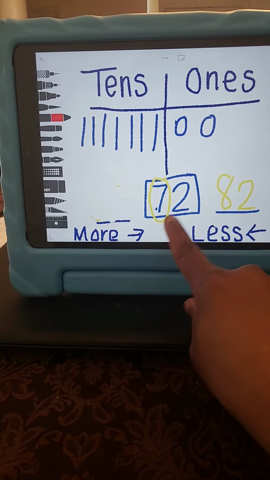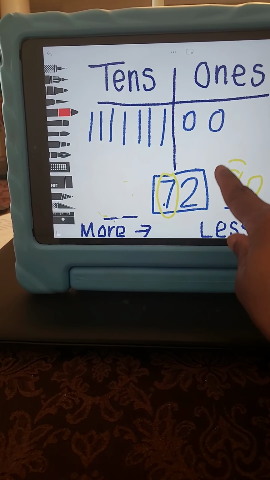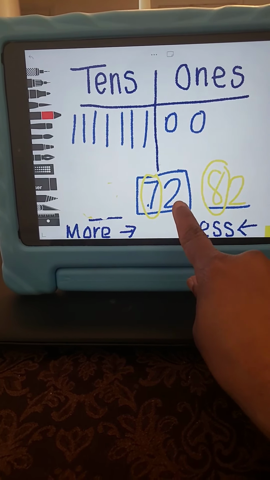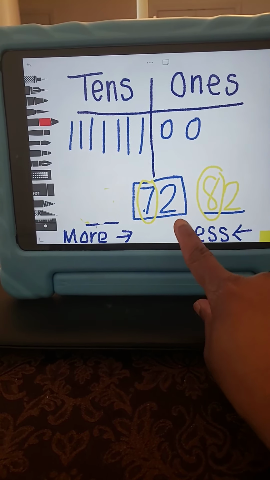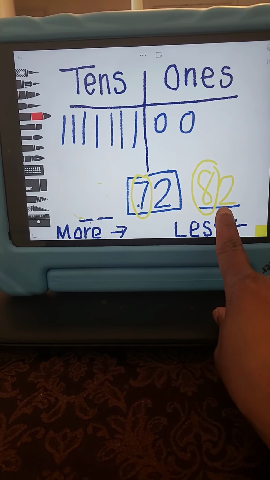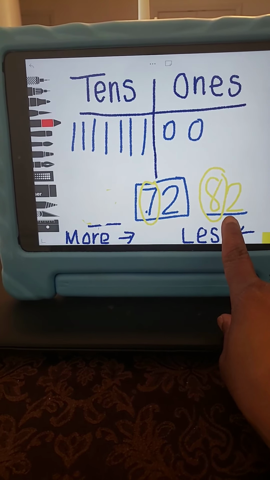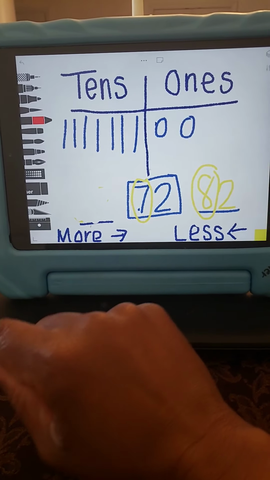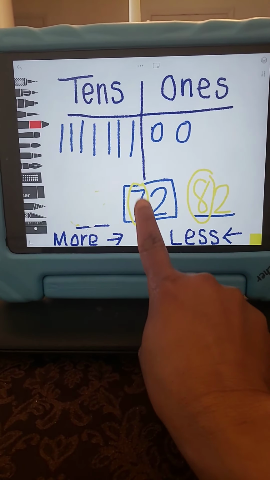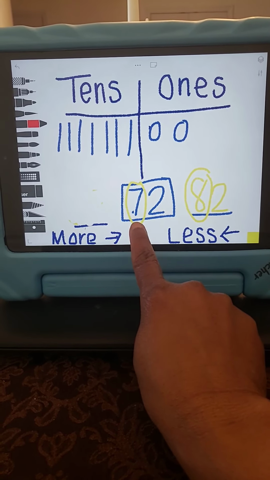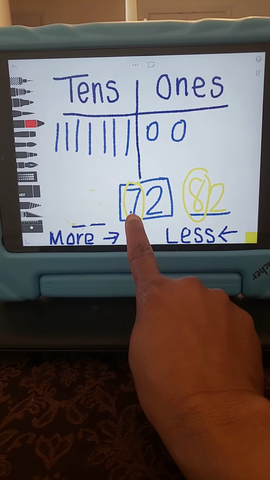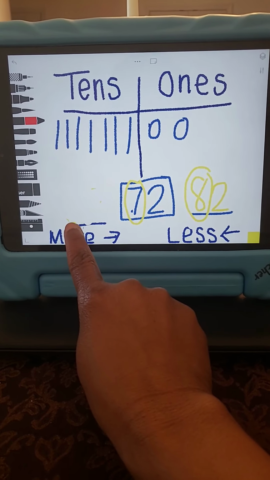That's 10 more. So if you notice, just my 10s are changing, my 1s stay the same. Now that we've done 10 more, let's do 10 less, okay? Now, let's think about it. We're back to the number that we started at. What number comes before 7?